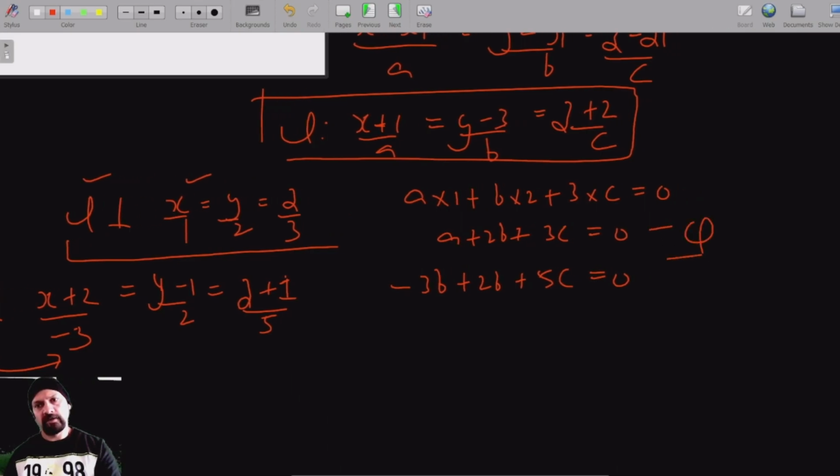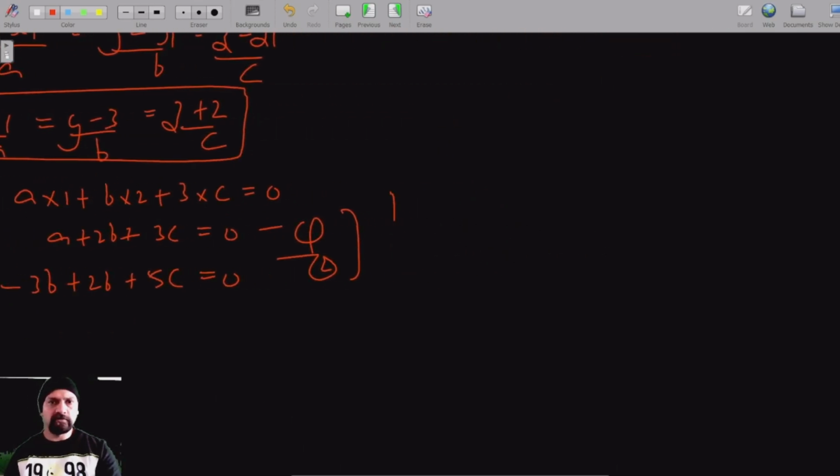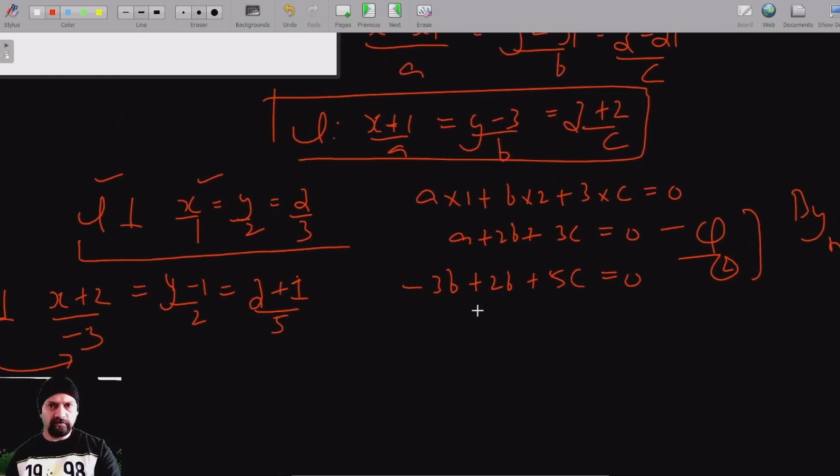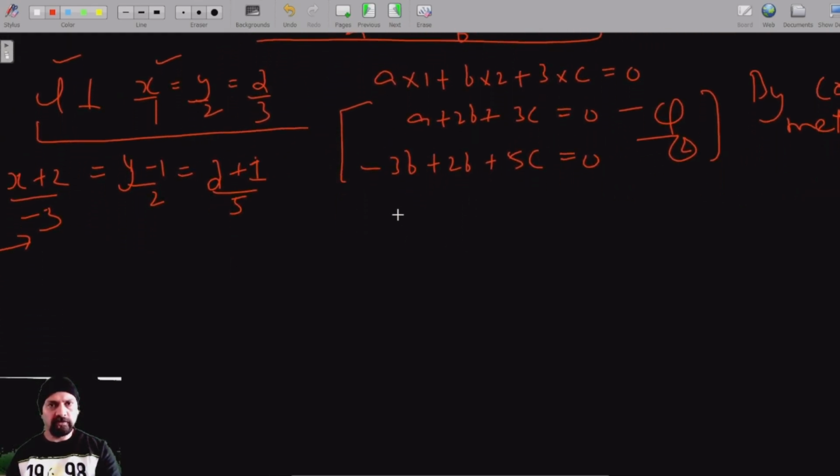And let's try to solve these equations by the cross multiplication method. These equations have the variables a, b, and c. So this is a, b, and c, and hide the a terms, which gives me 10 minus 6 is equal to b.